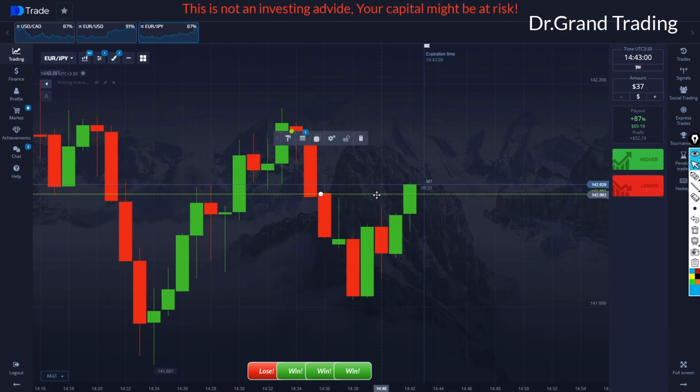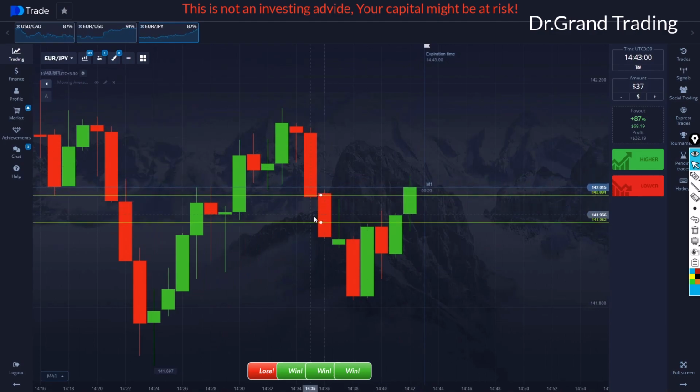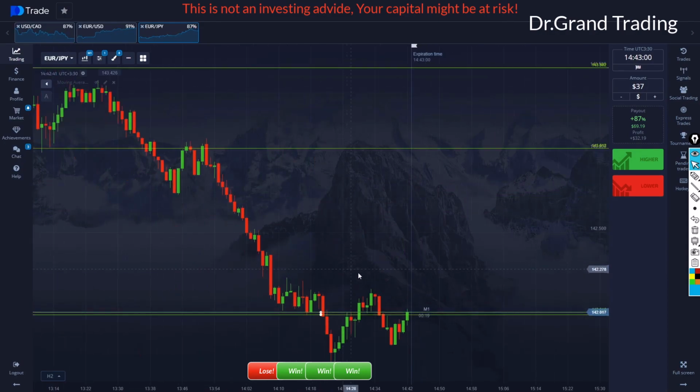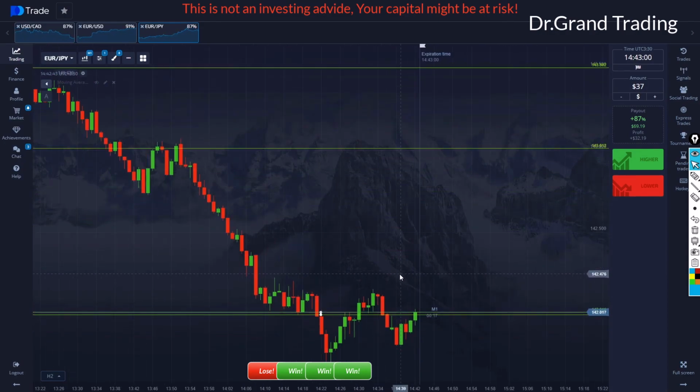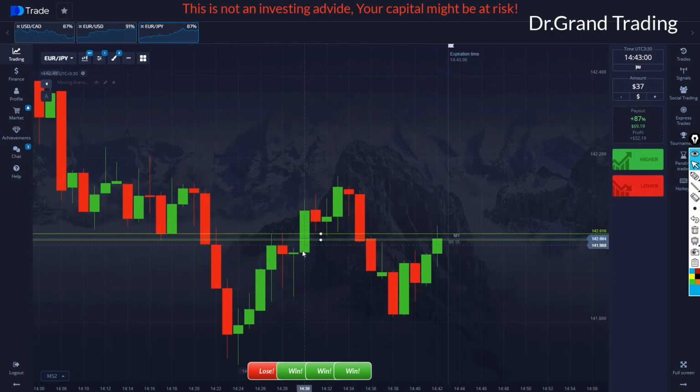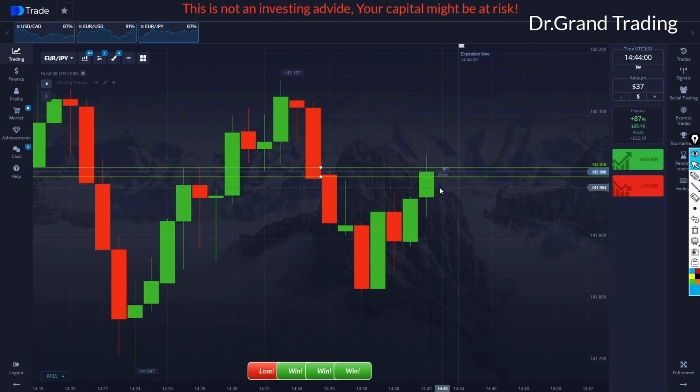Okay, we have a level here, which previously got broken with this candle and reversed for one candle. Let's see if this one is going to break this level or not. Okay.